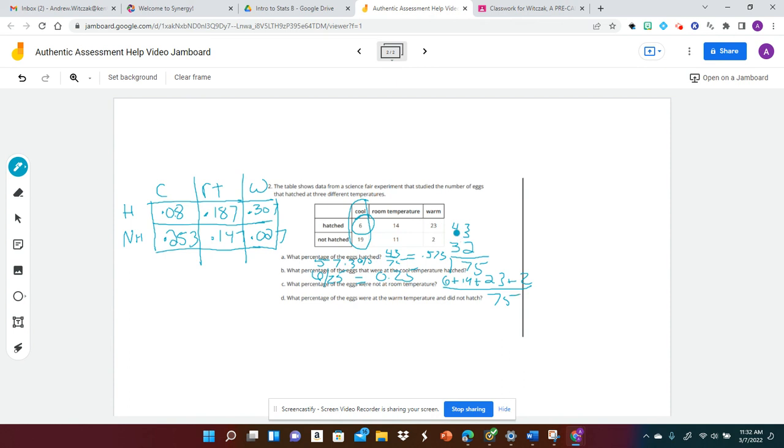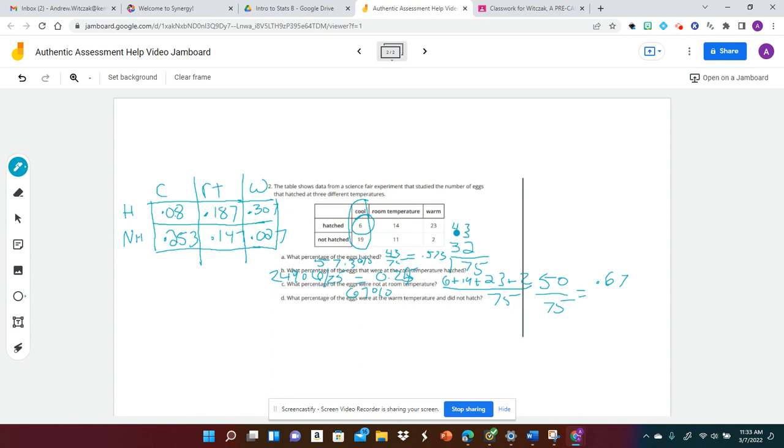And that's 50 out of 75. And that gives us 0.67 about, or 67%. And then here, that 6 out of 25 was about 24%. I said 25%. This is 24%.